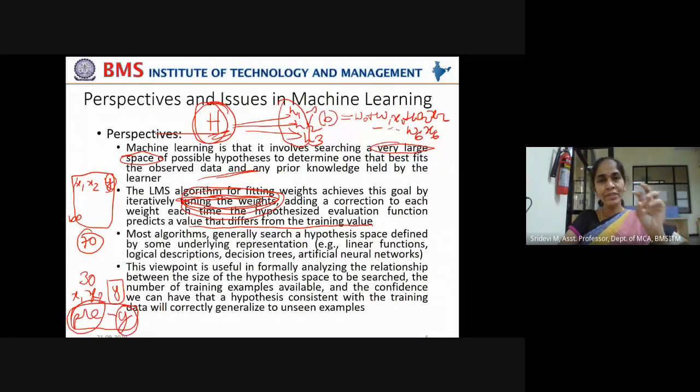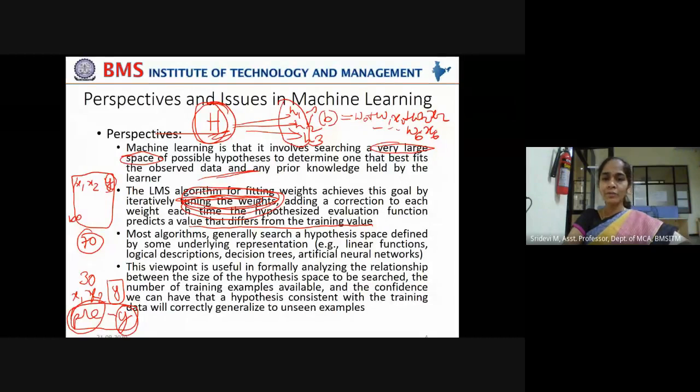It will come to a stable position. It will converge. It will not change any longer. Prediction error can't be reduced any longer. In that case, it is called the point of convergence. And that is your ideal target function. No more tuning of weights is required at that point. Got it? That is called your final hypothesis.